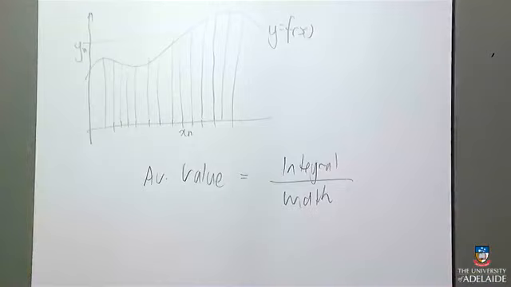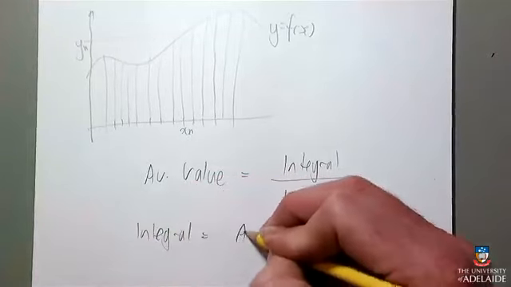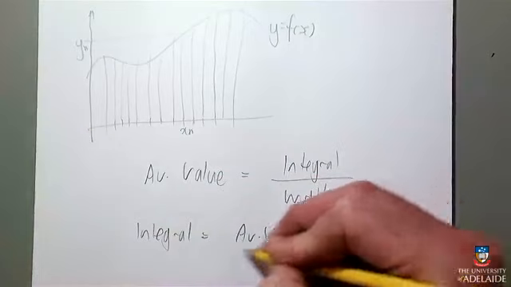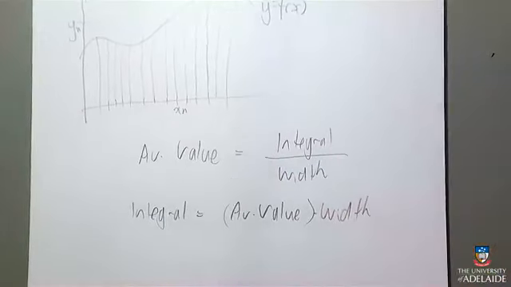So on every interval I'm going to average some of the values to figure out the average value and figure out the integral there. I'm going to get the integral as average value times the width. And then I'm going to add up all those little integrals to make the big integral.